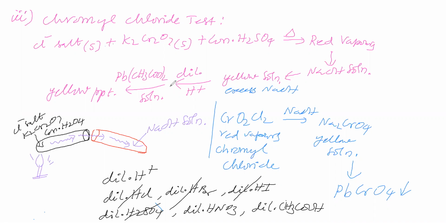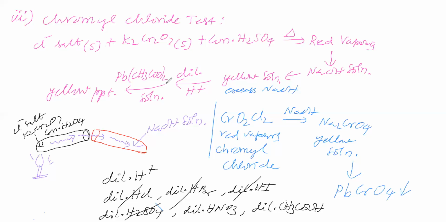This lead acetate with acetate ions, what happens? Lead acetate with acetate ions forms a complex, so the solubility of lead acetate increases. Therefore, due to addition of acetic acid, sodium hydroxide is neutralized and we get sodium acetate.